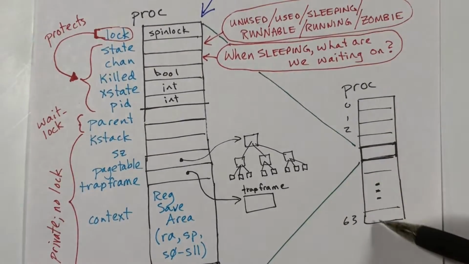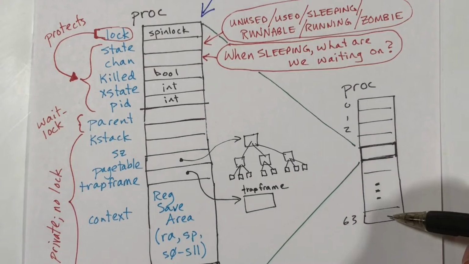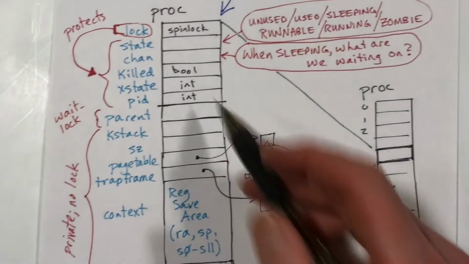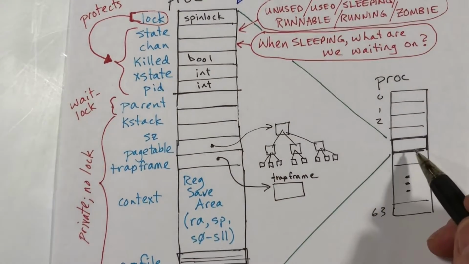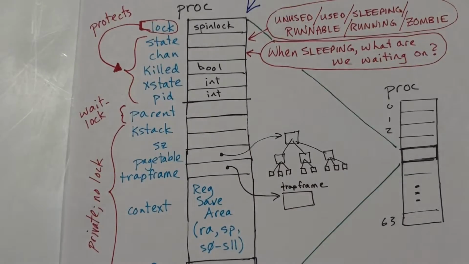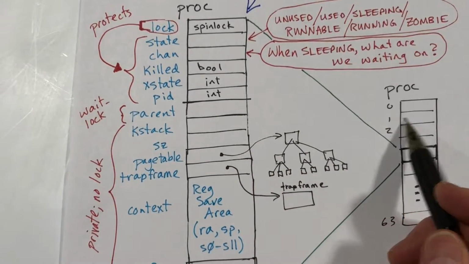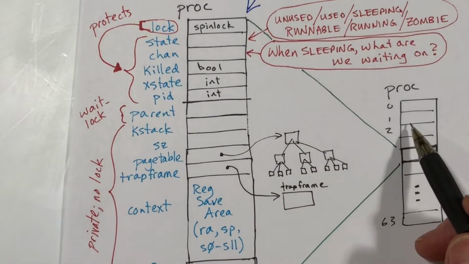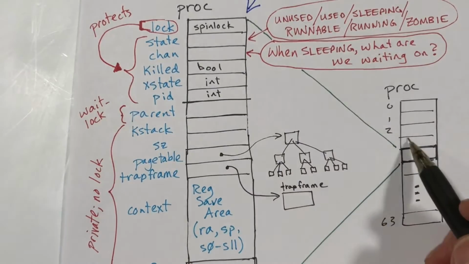Some of them may be unused, but we could have up to 64 processes running and runnable at once. And for each one of them, there is a structure. And this is the structure. I'm showing just the structure for one process. And parent points to whichever structure represents the parent process for this process.